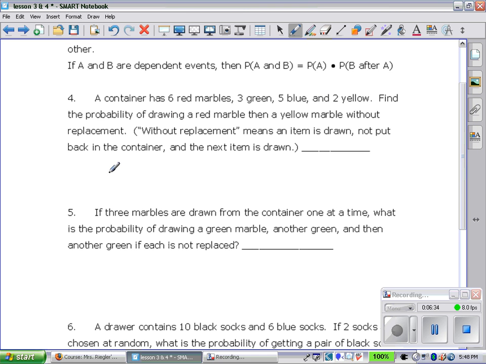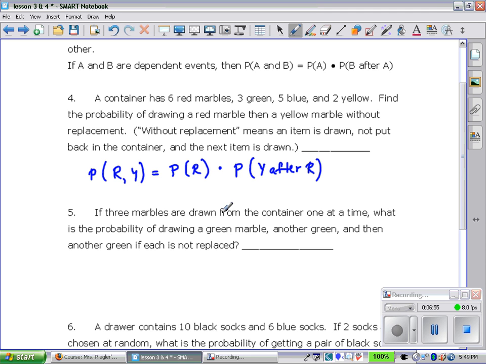So let's take a look. Probability of red, then yellow. So we want the probability of getting a red marble times the probability of getting a yellow after the red has been drawn. So you got to keep that in mind.